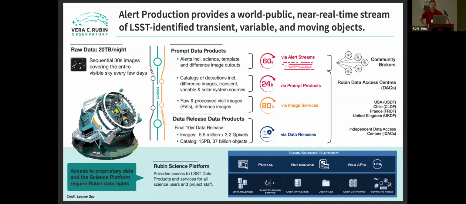Alert production is the near real-time analysis of the data as it comes off the telescope, where we rapidly image difference the images and find things that are changing and send them out to community alert brokers, thereby enabling the broader scientific community to make discoveries and conduct follow-up very quickly.